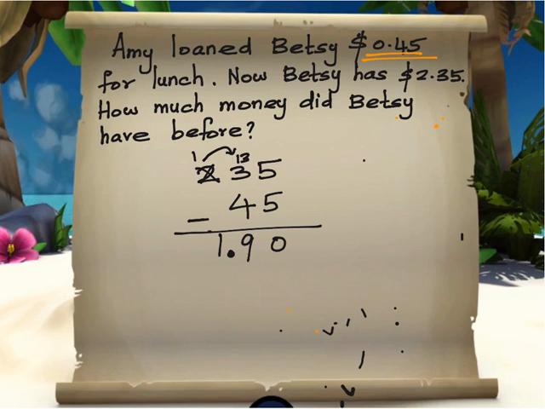So when we keep the decimal here, we have to write the unit in the front. So it's $1.90. While writing the statement, we can write like this. The question is, how much money did Betsy have before?